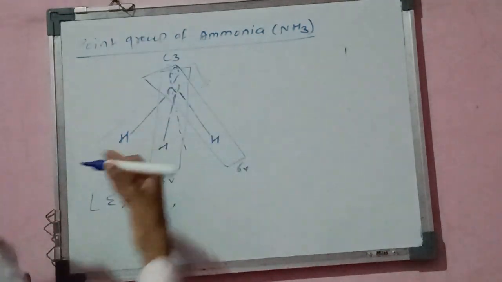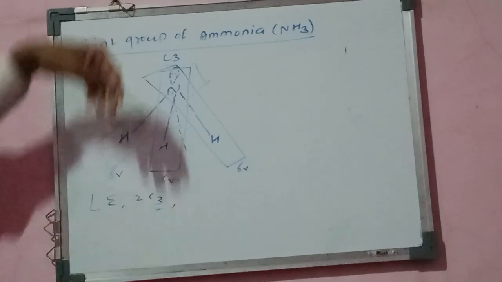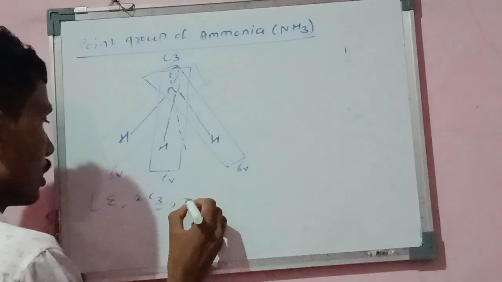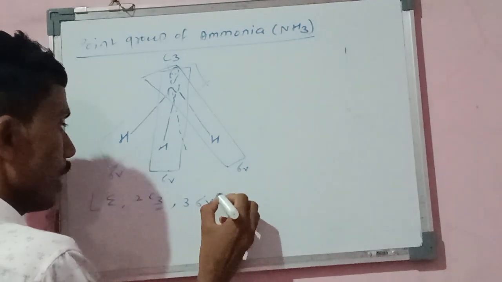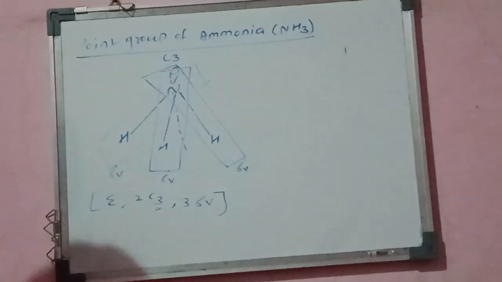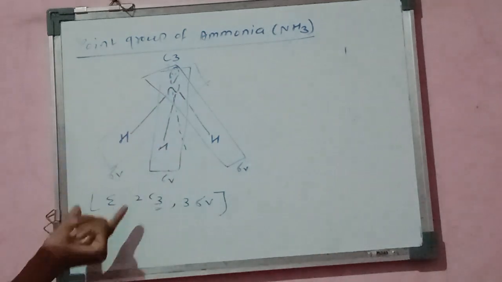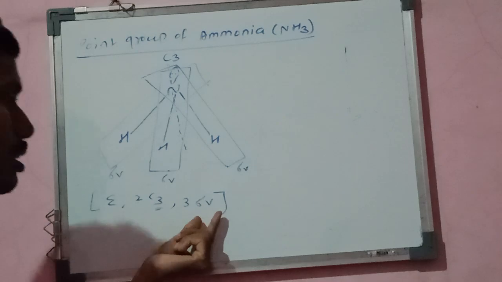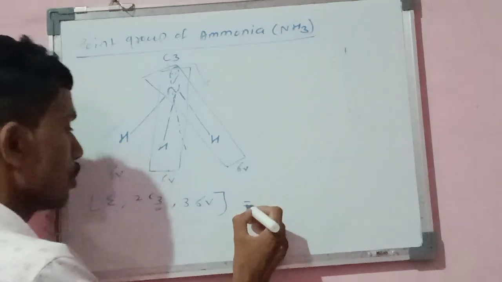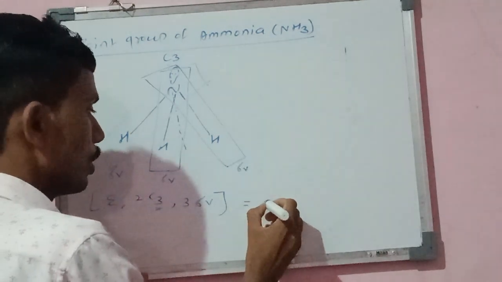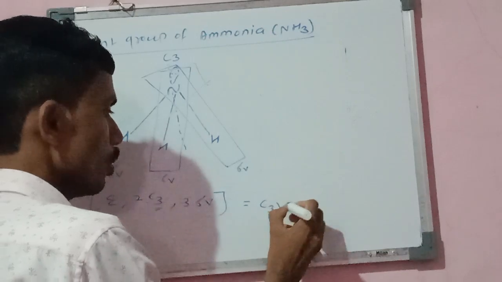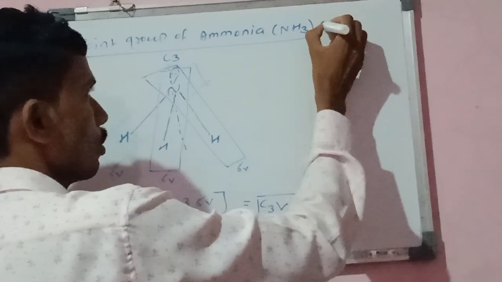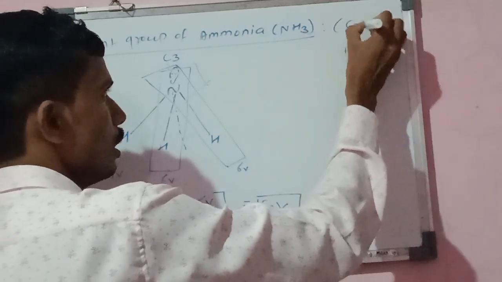Because these three planes are parallel to the principal axis, that is the C3 axis, giving 3 sigma V. Okay, ammonia has the symmetry elements identity, C3 and sigma V. Therefore, the point group of the ammonia molecule is C3V. C3V is the point group of the ammonia molecule. Okay, C3V.